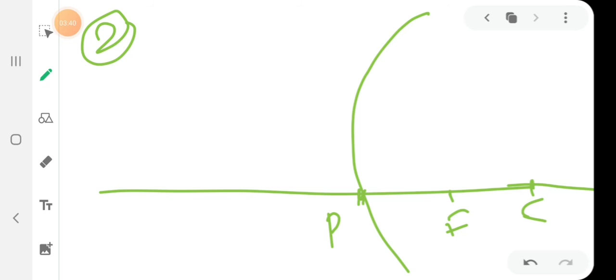Similar thing here, vice versa. Suppose the incident ray is moving towards the center of curvature. Suppose now this ray is moving towards the center of curvature. Just imagine we are tracing it at the back.